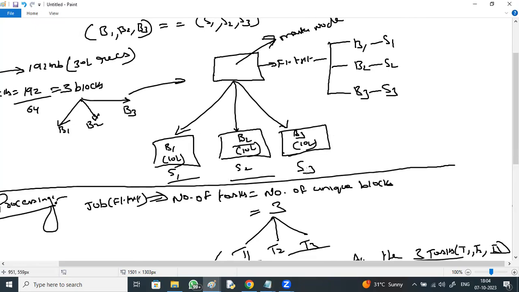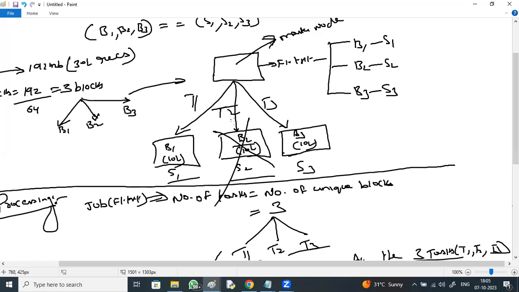Suddenly, if any one slave goes down, 2 things you can observe here. T1 task, T2 task, T3 task, 3 tasks assigned to the 3 slaves, right?